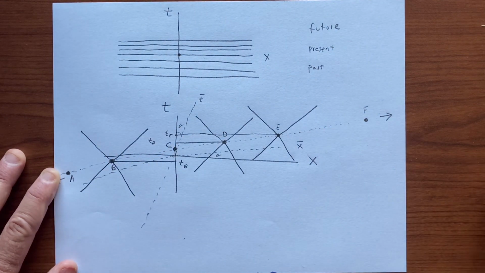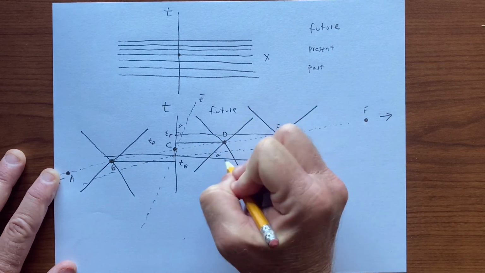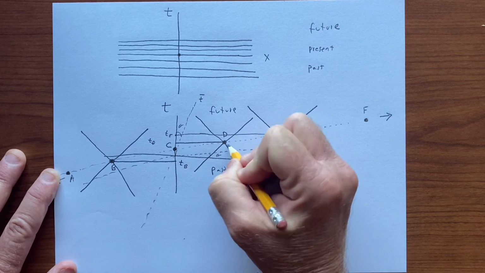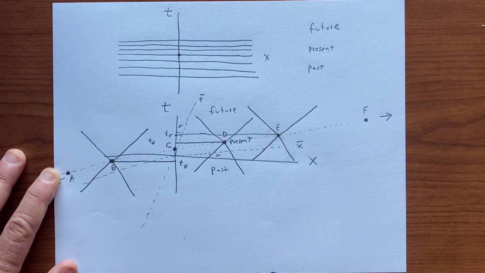And that's a way to think of past, present. That would be the present there for the events, and get the division of past, present, and future in space-time.